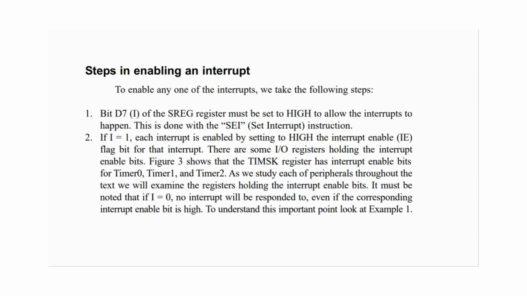So in summary, what are the steps in enabling an interrupt? To enable any interrupt, we take two steps. Bit 7 of this register is set high, and to do so, we use the instruction set interrupt. As CLI is the clear instruction to disable interrupts, to enable interrupts we use SEI.